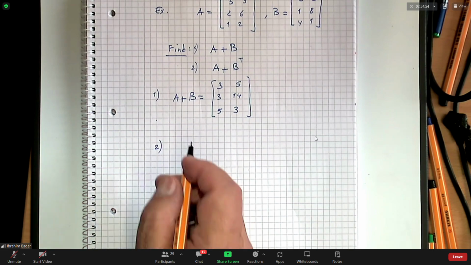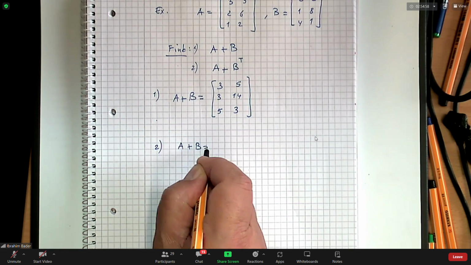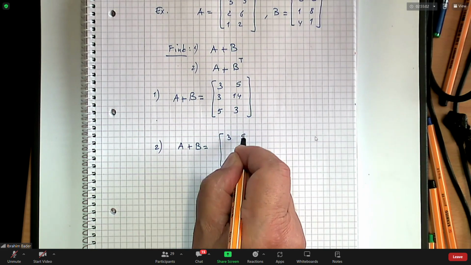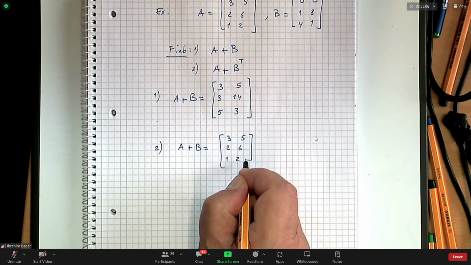Okay, let's write A plus B transpose. What is A? It's 3, 5, 2, 6, 1, 2. Now, what is B transpose?